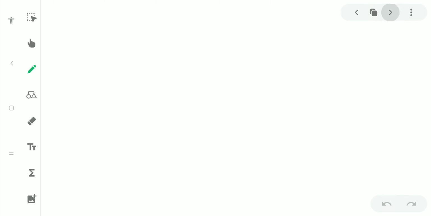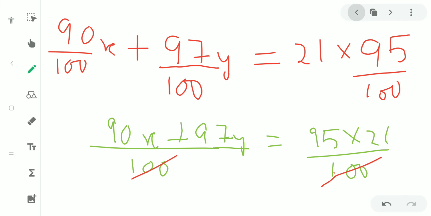So we are getting 90x plus 97y is equal to 95 into 21, which is 1995.